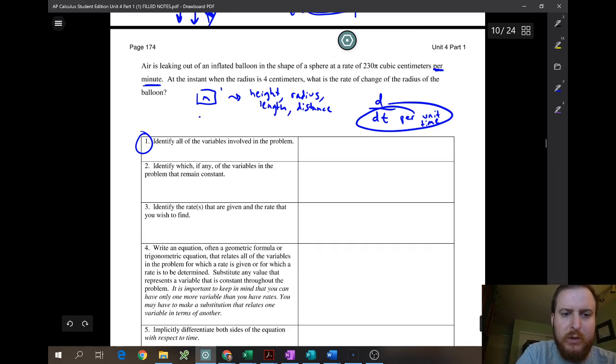Then when we see our units squared, that's always an area, or if it's a 3D shape, then it'll be a surface area. And then when we have our units cubed, that's always going to be a volume.